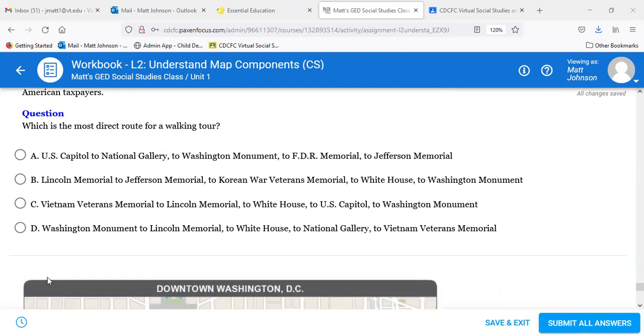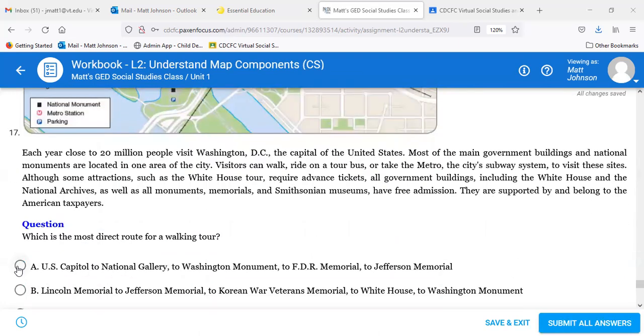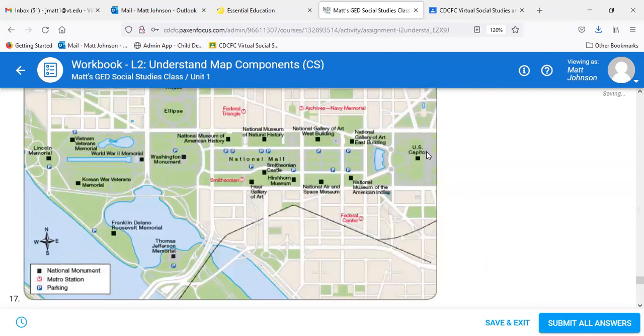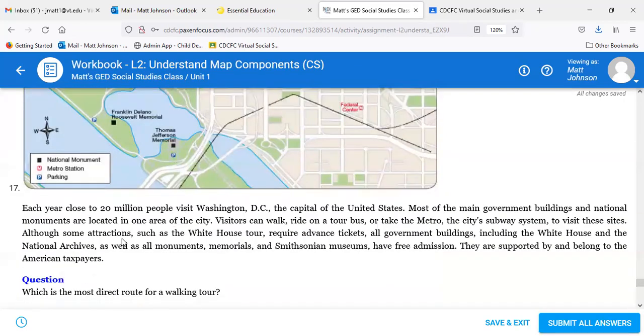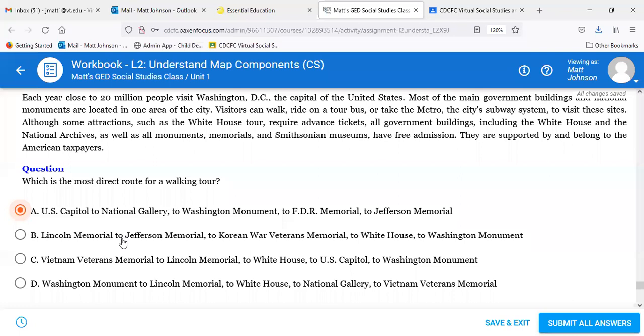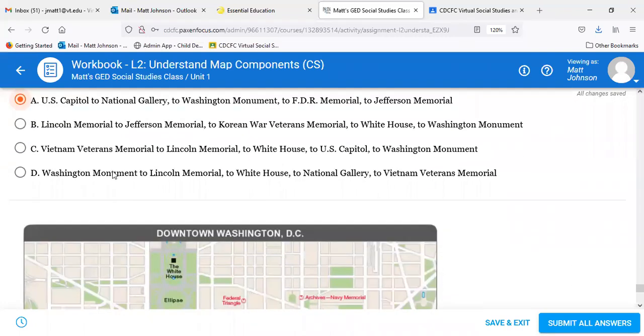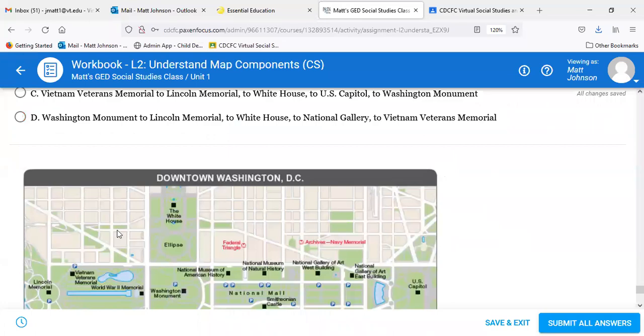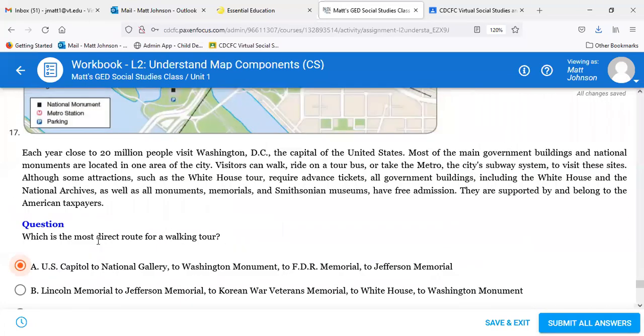So what they want here is A. And that's going to bring you from the Capitol all the way down to National Gallery, to Lincoln Memorial, and then you can wrap back around to the FDR Memorial. One straight line instead of having to zigzag all the way back around. And that's what you want to do, because you do a lot of walking in DC. All right, so A for 17.